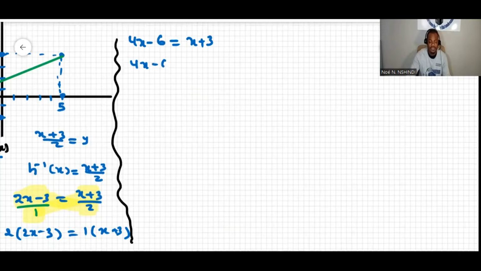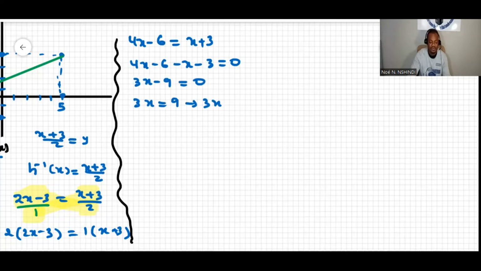I move the x plus 3 over, that becomes -x minus 3 equal to 0. 4x minus x makes 3x minus 9 equal to 0. Now you move the 9 over, 3x equal to 9. Now we're going to divide both sides by 3. And then what you have, x is equal to 3.